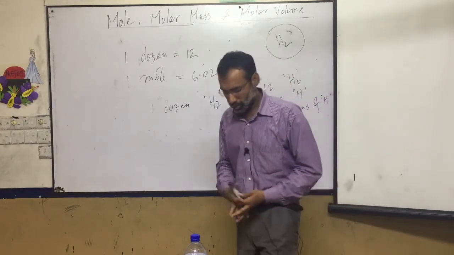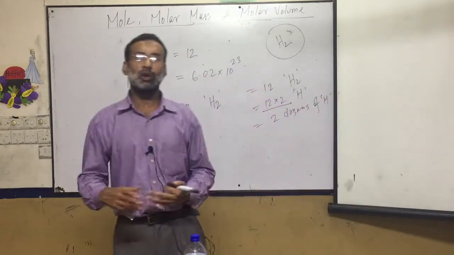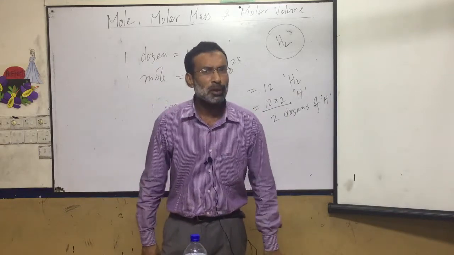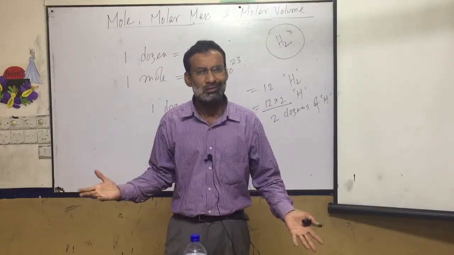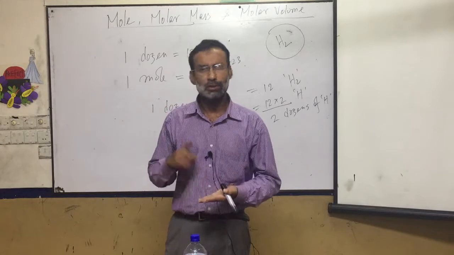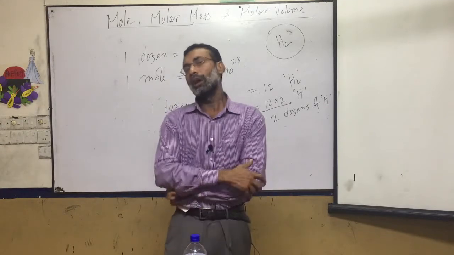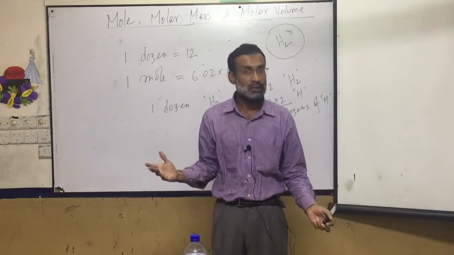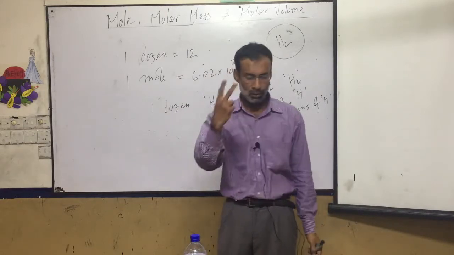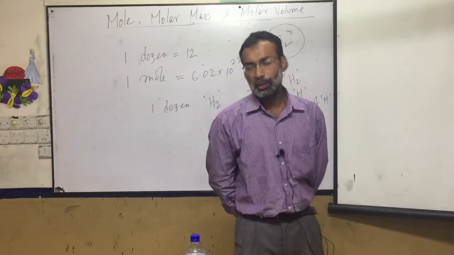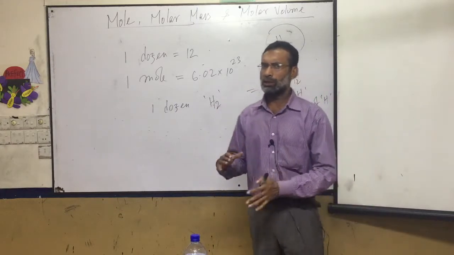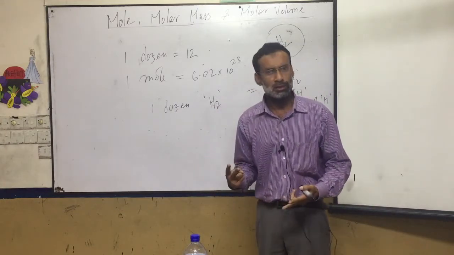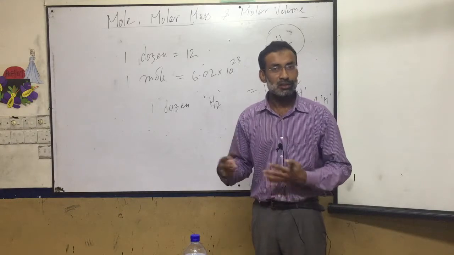This is possible because suppose there are 12 persons. 12 persons have how many legs? 12 times 2 is 24. Yes, 24 legs. How many dozens? Yes, 2 dozens. That means 1 dozen people have 2 dozens of legs.